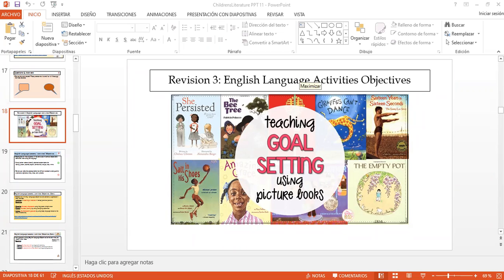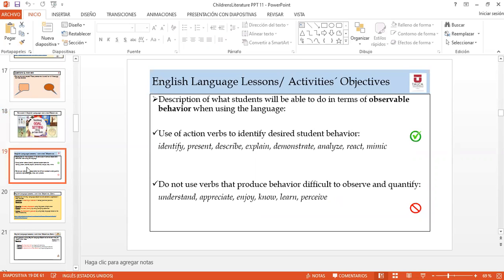So just as a revision from last week, we did something important: setting goals or objectives. You have a different meaning for that, but we were talking about objectives and language, English language objectives. So we need to be very clear about what we will write.